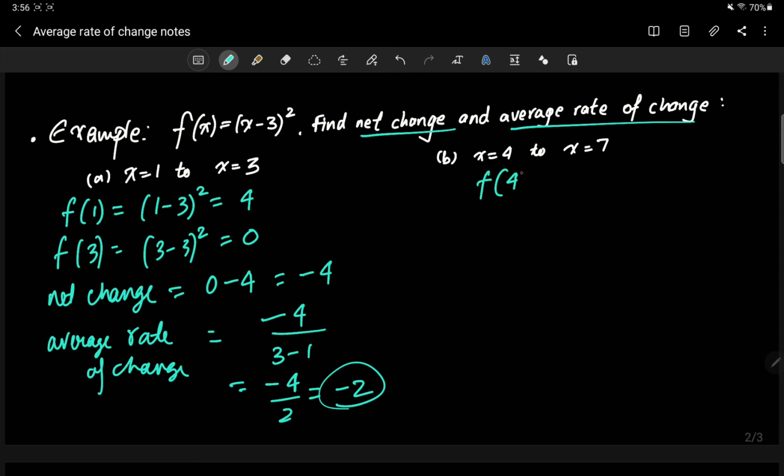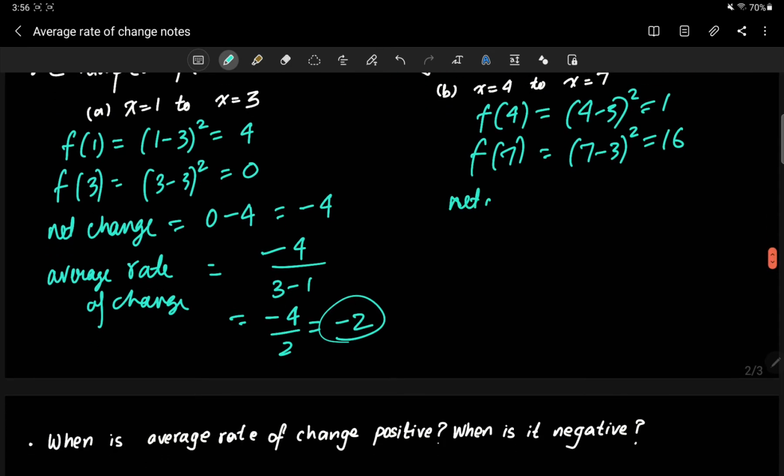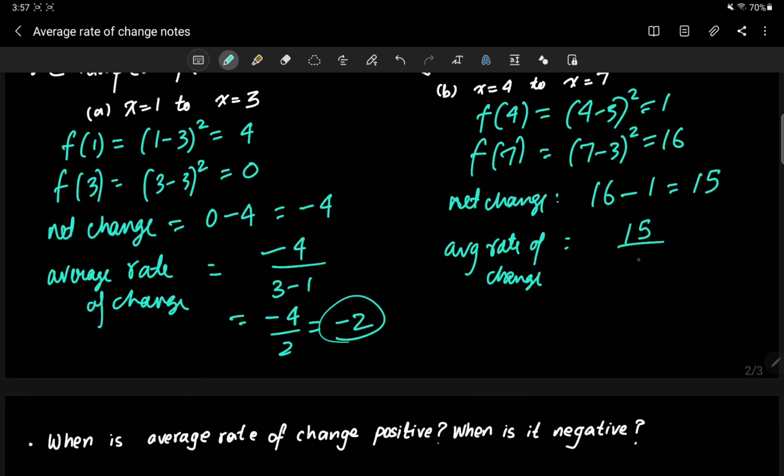Similarly, from when x is 4, this is 4 minus 3 squared, which is 1. 7 minus 3 squared, which is 16. So the net change this time is positive because it's 16 minus 1 is 15. And the average rate of change is 15 over 3, which is 5.